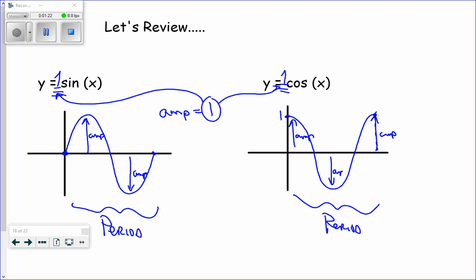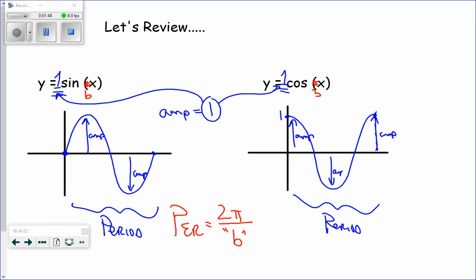Now, you're going to get an equation where there's going to be a number inside here. We call this the b value. Now, the b value messes with the period. Okay? So your period is always going to be 2 pi divided by that b value.